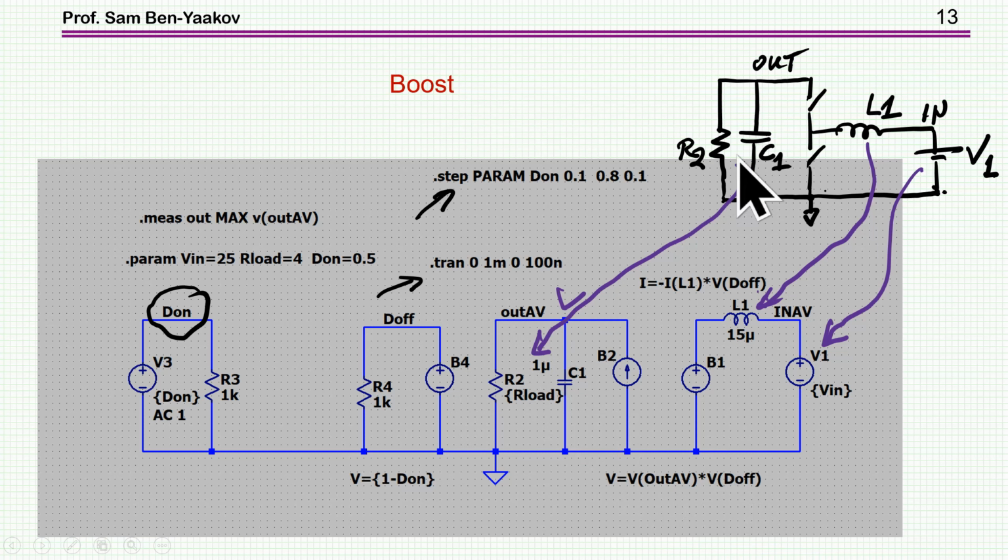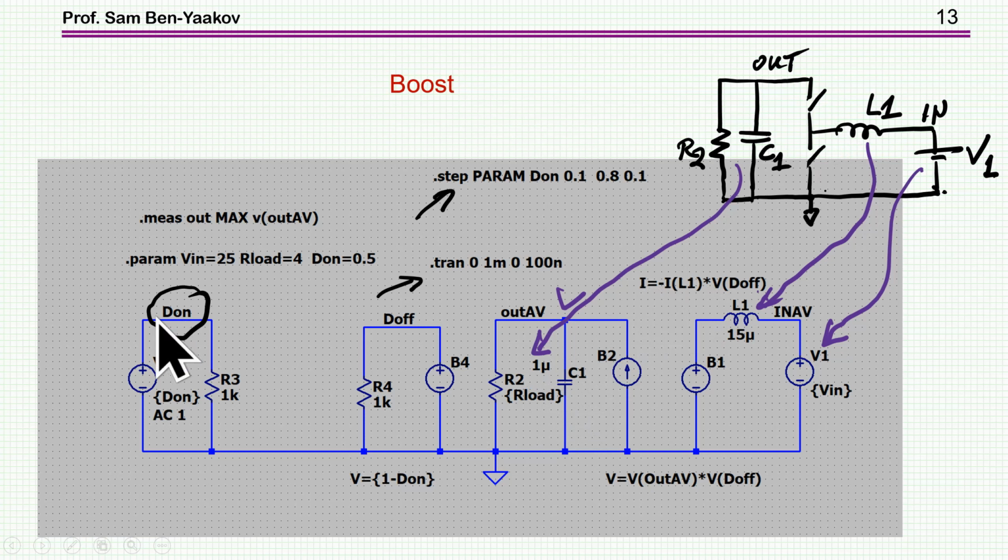And then I have the output section fed by a current source. And again, this current source, this is the current going here, the average is the inductor current times the fraction that this is on, which is D off. So therefore, this is IL times VD off. So this is the current source.